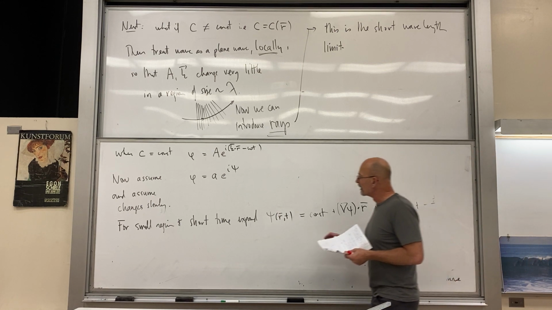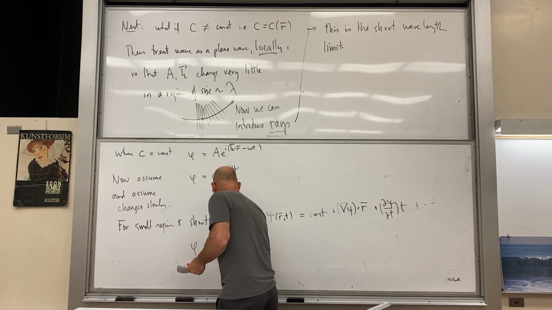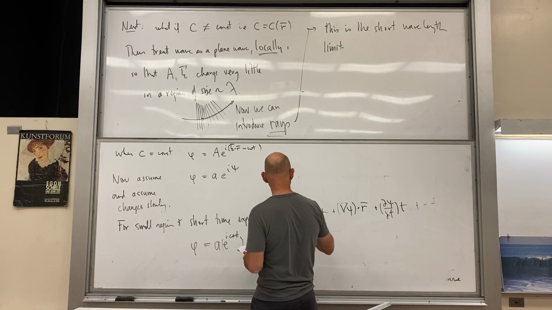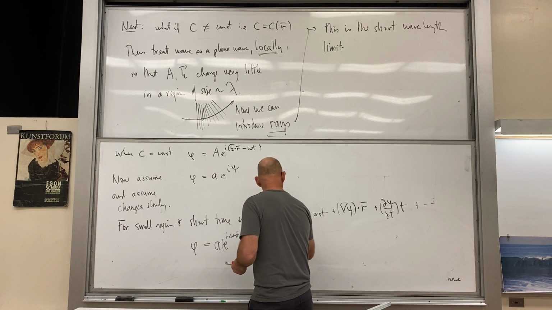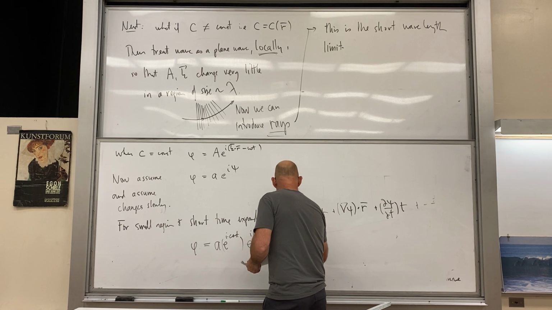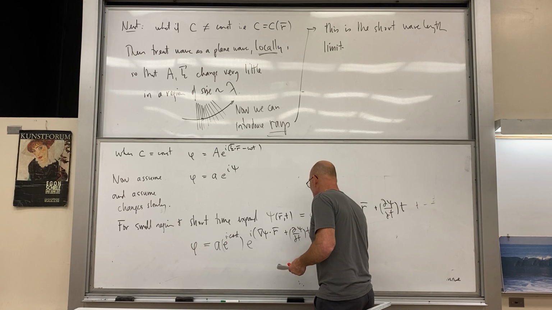So what happens though is this, we have phi is equal to A e to the i times this constant, which we're not going to worry about. Then we have e to the i times gradient C dot R plus ∂C/∂t times t.